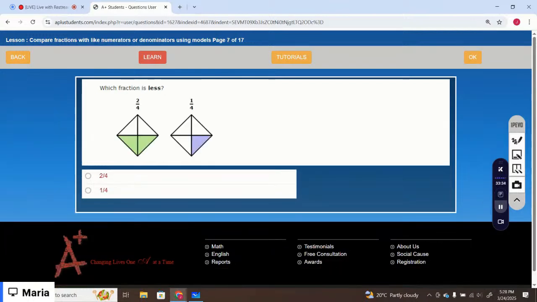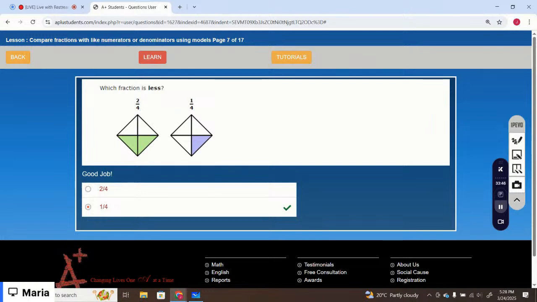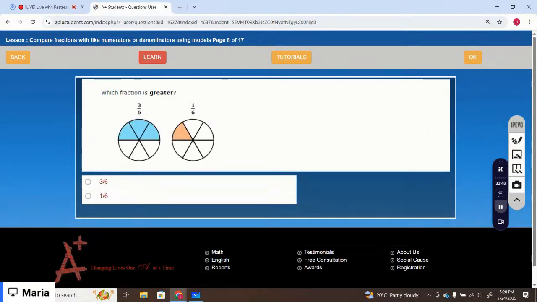Which fraction is less, 2/4 or 1/4? 1 over 4 is less than 2 over 4. Which fraction is greater, 3/6 or 1/6? 3 by 6 is greater than 1 over 6.